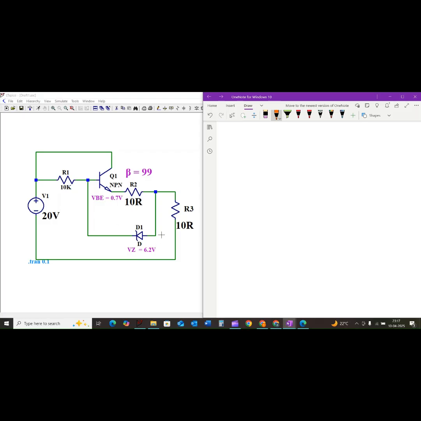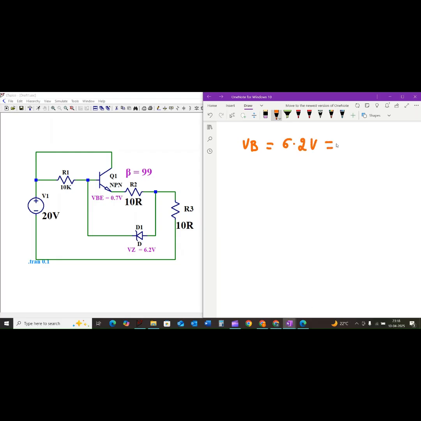Let us assume for a moment the Zener diode is in breakdown. If that is the case, the voltage at the base of the transistor, let's call it VB, is approximately equal to the Zener breakdown voltage, 6.2 volt.